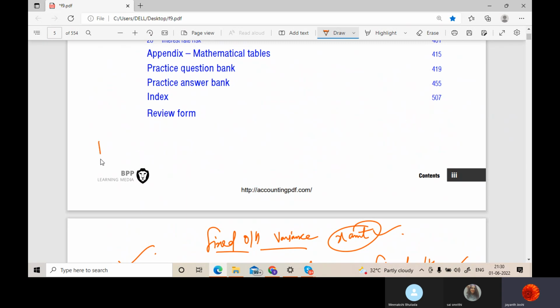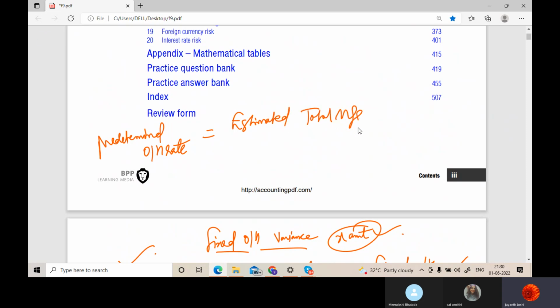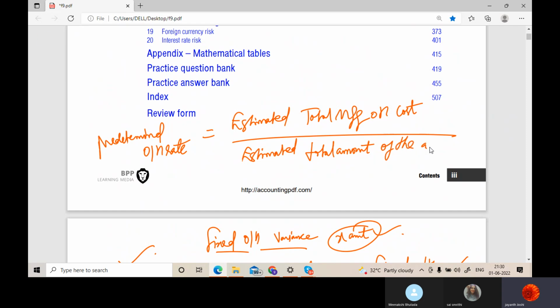So I'm writing predetermined overhead rate is equal to estimated total manufacturing overhead cost whole divided by estimated total amount of the allocation base.